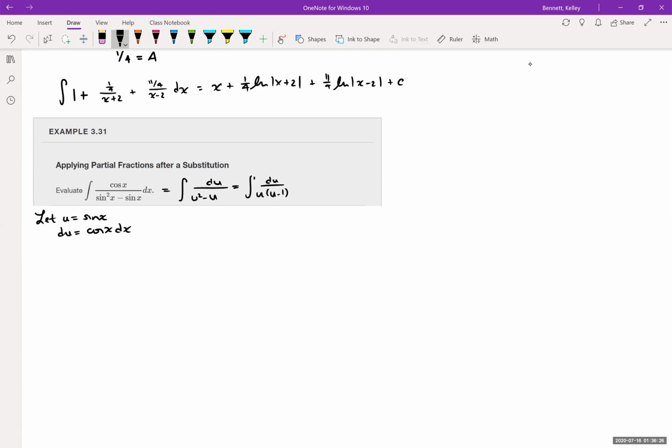So now I just have 1 over u times u minus 1. And my linear roots are non-repeated, so this should be A over u plus B over u minus 1. I'm just going to do the killer x method this time and not the comparison of coefficients.